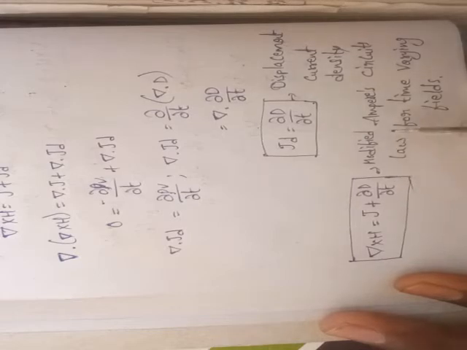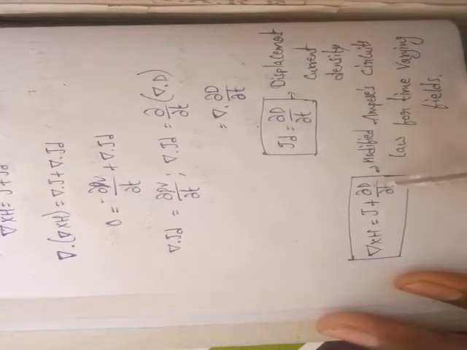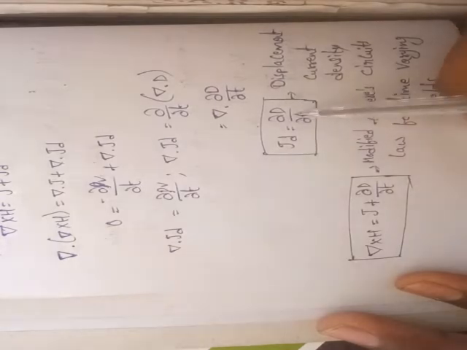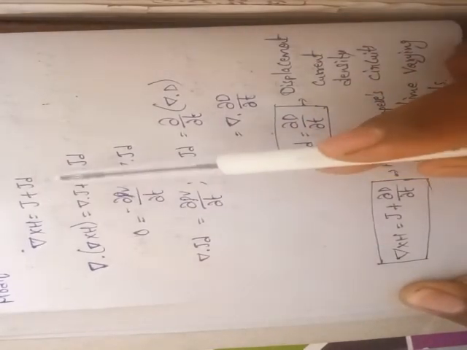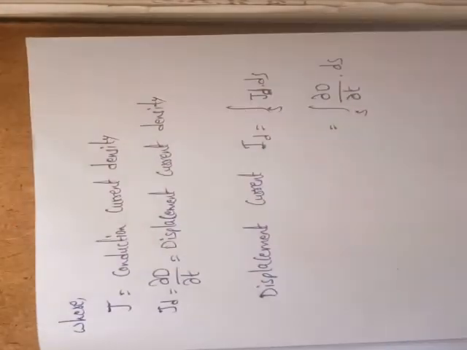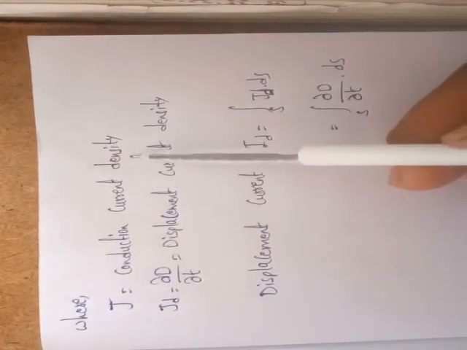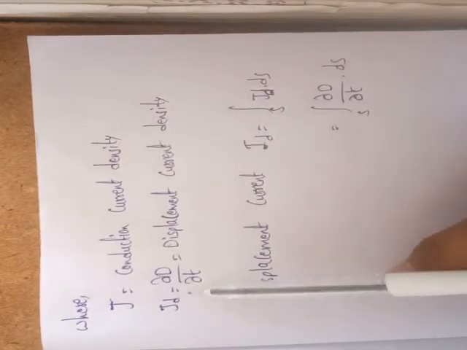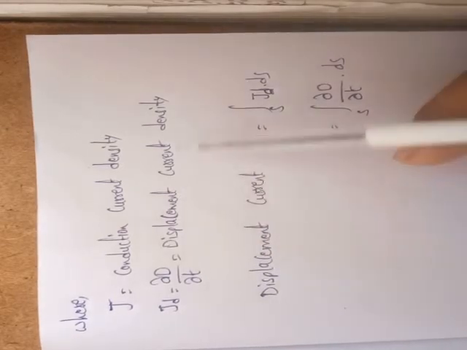This can be called the modified Ampere circuit's law for time varying fields. Here J plus JD is nothing but J plus dou D by dou t, where J is called the conduction current density and JD, which is dou D by dou t, is the displacement current density.